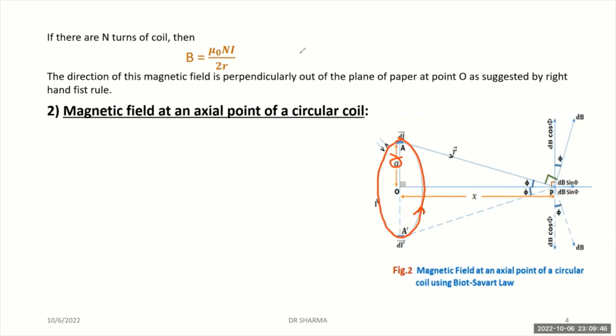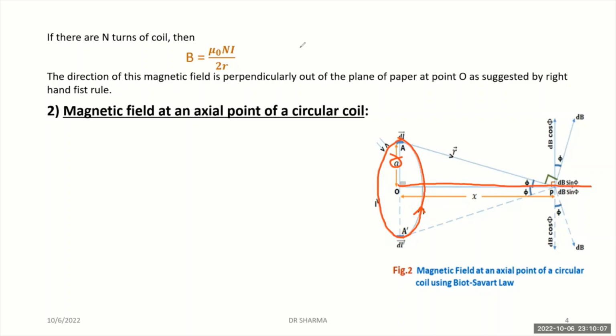The plane of this circular coil is perpendicular to the plane of our screen, and the axis of the circular coil is on the plane of the screen.